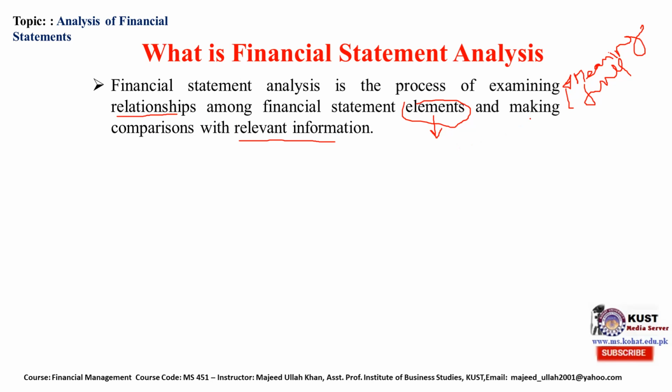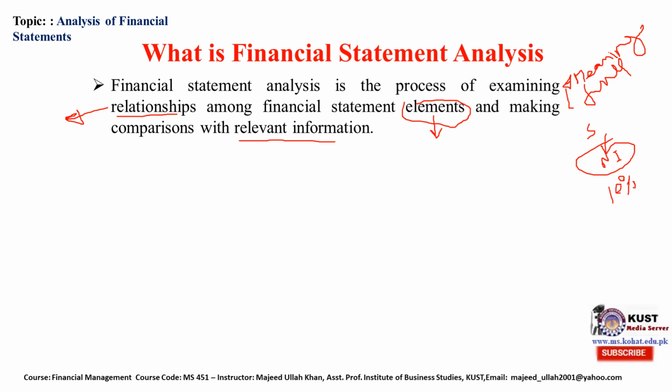Let me explain. This relationship should be meaningful. Relationship among words, relationship between financial statement elements. Let's suppose sales and net income. These are two elements of the income statement. If we know that net income is 10% of sales, what does it mean?